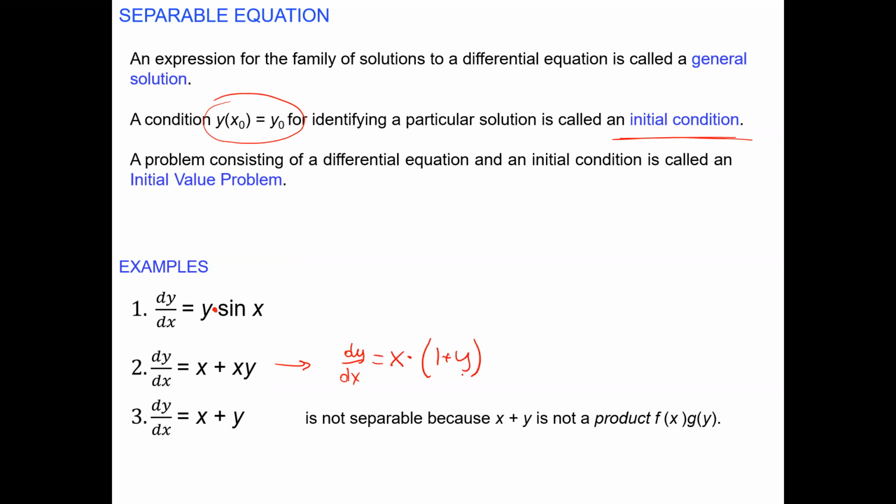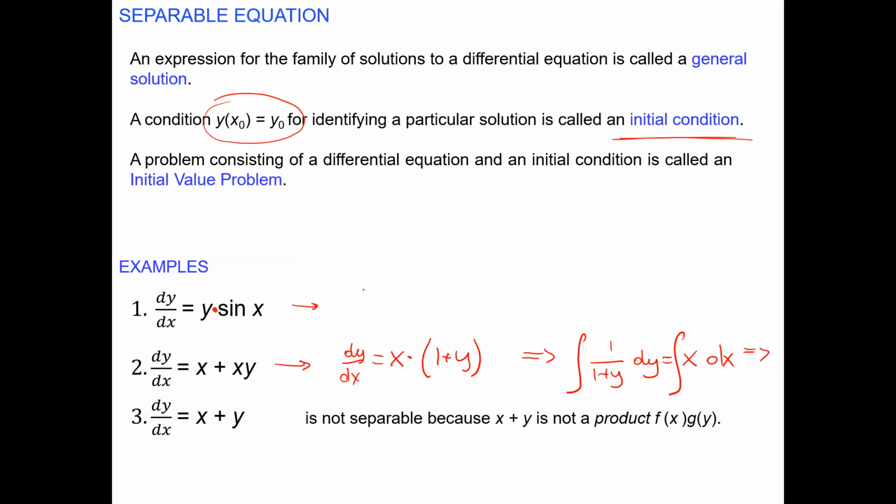That's also separable. Actually, I can even write, we will divide both sides by 1 plus y and keep dy. We will keep x and move dx. And now we can integrate. Okay, but we will do this later.